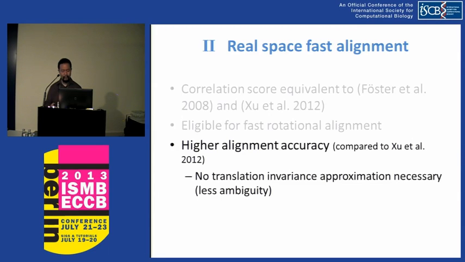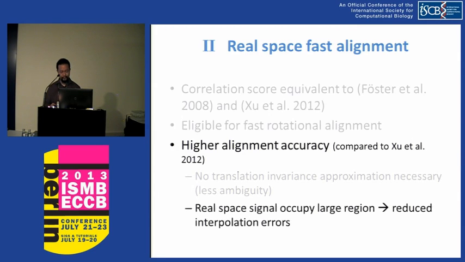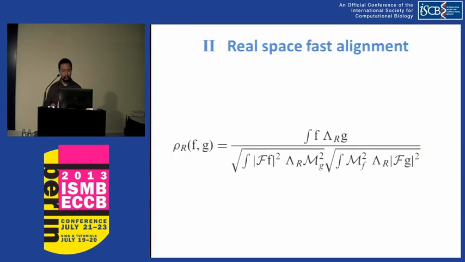Therefore, it has less ambiguity, and also it uses the real space signal, which occupies a much larger region than the Fourier space signal used by the previous method. In such a way, fewer interpolation errors are generated in the processing. And basically, the correlation score is a missing wedge corrected Pearson correlation.